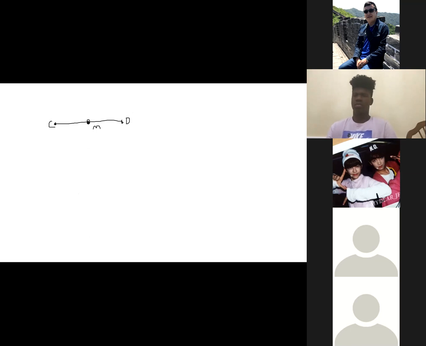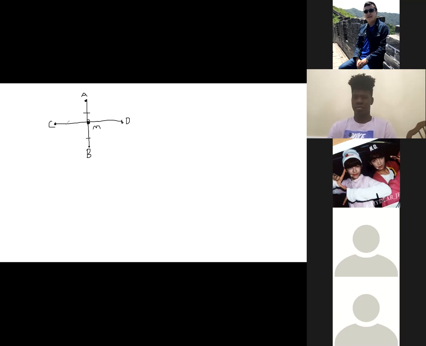And it's bisected by AB. But then it also says CD bisects AB at point M. So which means CD has to cut AB in half. So they both cut each other in half. So it looks something like this.